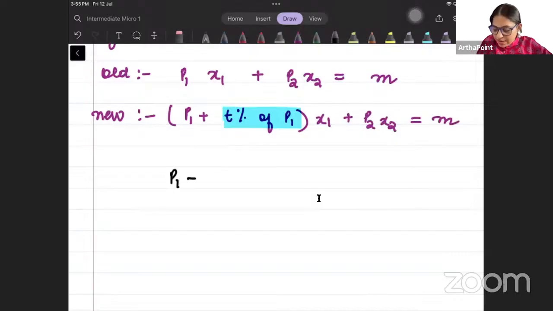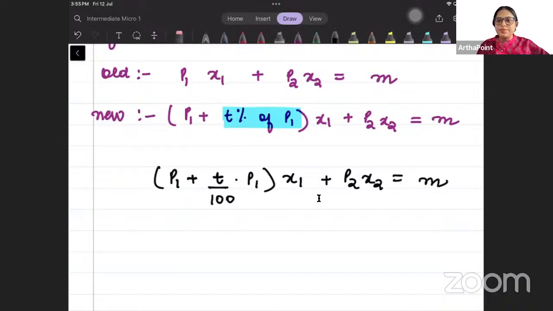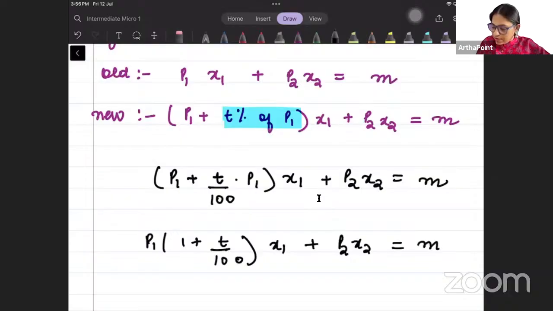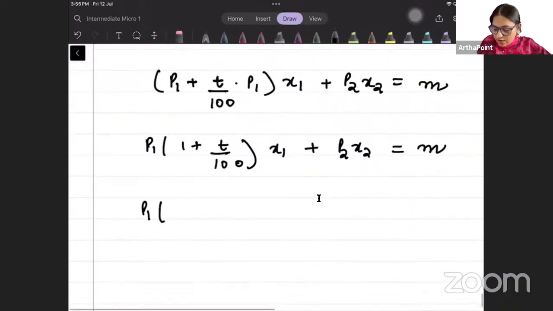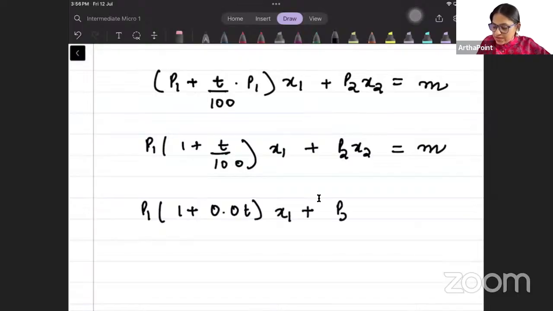Look here, P1 plus T%. How do I convert a percentage? Divide by 100, into P1 X1 plus P2 X2 equal to M. I can take P1 common, beta: P1 (1 plus T by 100) X1 plus P2 X2 equal to M. How can we write anything divided by 100? 6 divided by 100 is 0.06. 7 divided by 100 is 0.07.